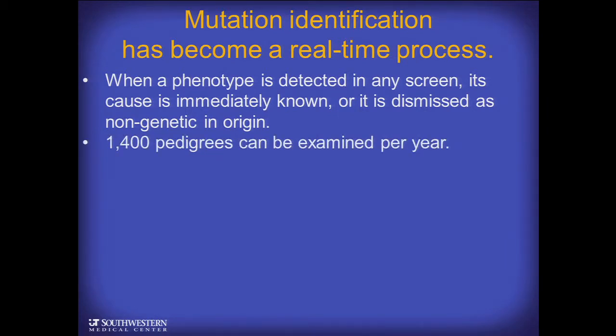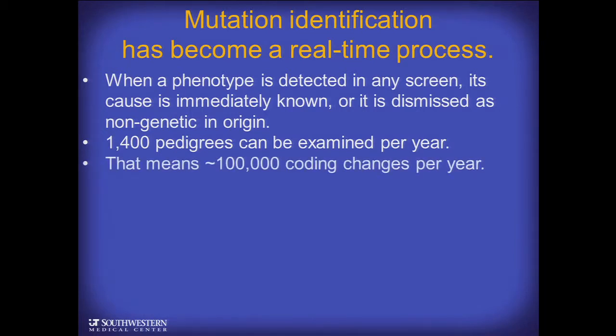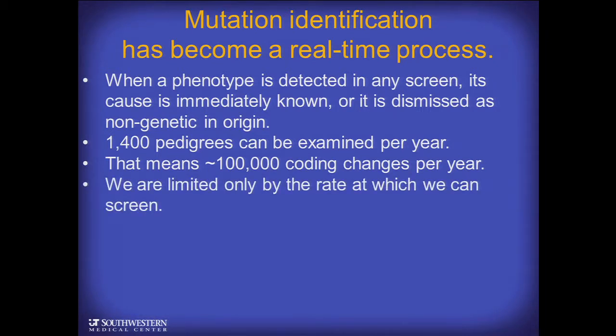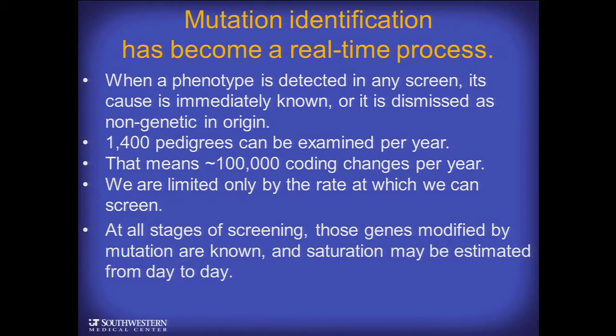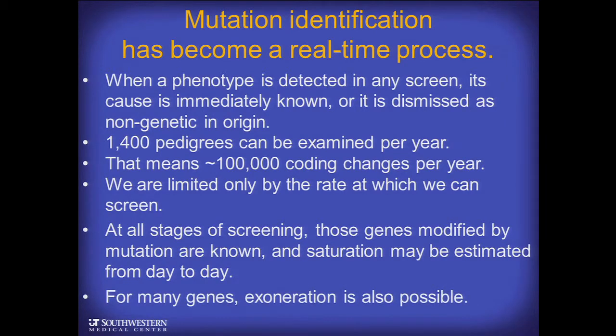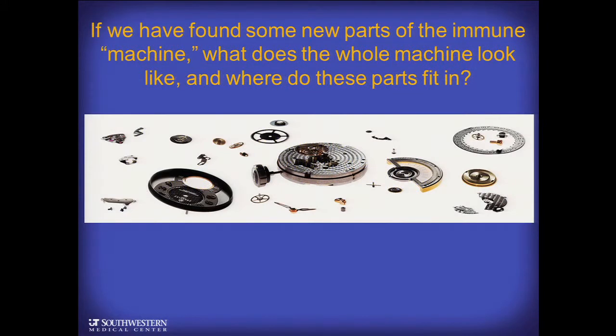We can examine about 1,400 pedigrees per year, and that means that we're looking at something like 100,000 coding changes per year. And we're limited only by the rate at which we can generate mice and the rate at which we can screen. We also are able to estimate saturation from day to day, and we're even able to exonerate genes as being not involved in the process.